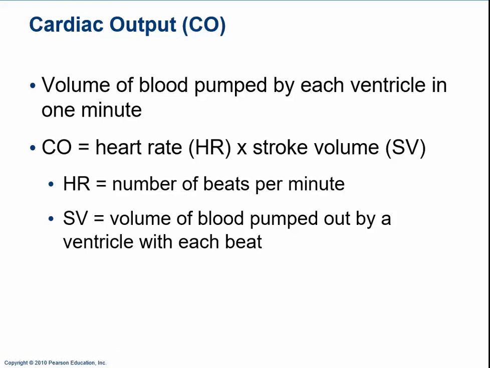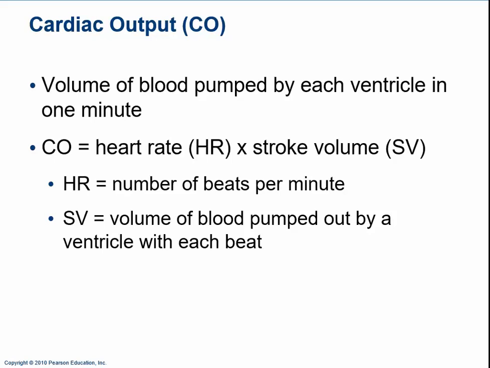So we really don't care how much blood comes out of the heart per beat, so much as we care how much blood is pumped by each ventricle in a minute, because that's what the body needs. It needs blood delivered as required. So we call this amount of blood per minute in each ventricle the cardiac output.